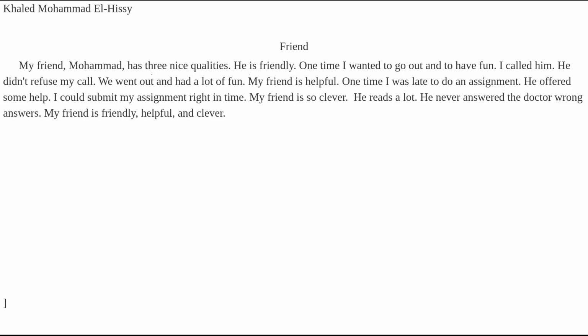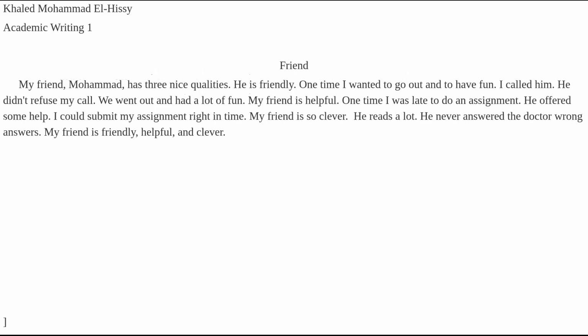Then I will write the course name, which is Academy. Okay, we capitalized it. Whenever the course has a number, we capitalize the words. I will put the date.